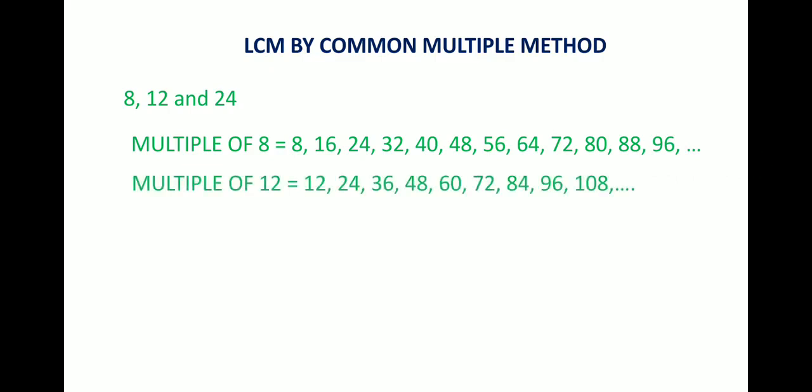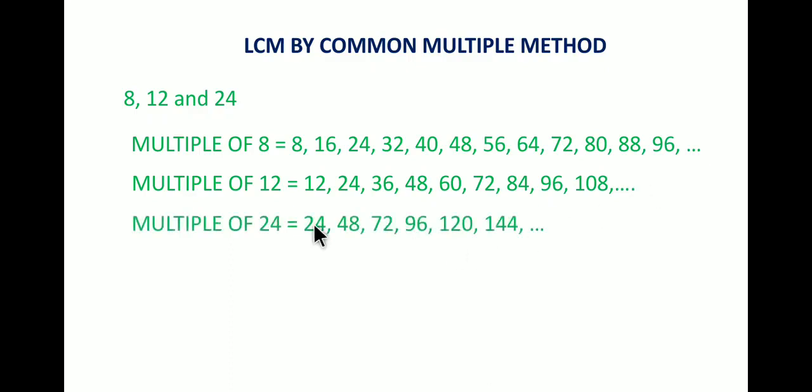Alright, and the multiples of 12 are 12, 24, 36, 48, 60, 72, 84, 96 and 108. Okay, and it continues again, it moves up till infinity. Similarly, the multiples of 24 are 24, 48, 72, 96, 120, 144, etc.